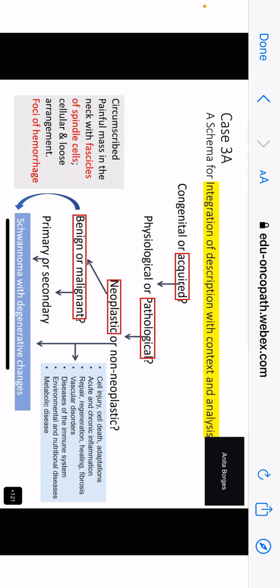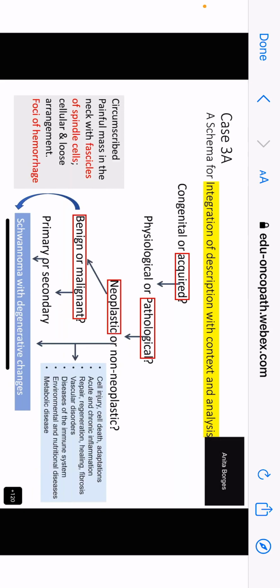Now this is not something that you should not be able to recognize, provided you make the right observations and the right interpretations, then you can make the right diagnosis. Do you agree with me, or do you have some questions? Ask me now. Do you have any questions, Vimi?